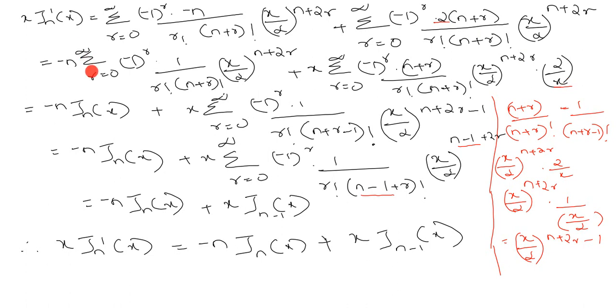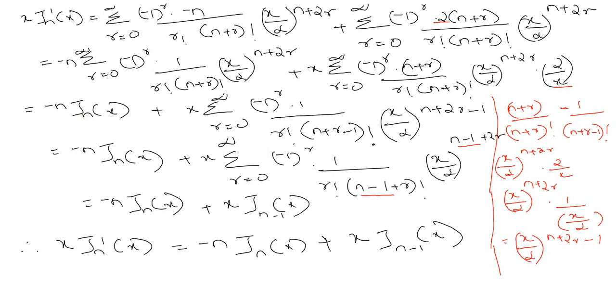Now sigma r = 0 to infinity (-1)^r into 1/(r! (n+r)!) into (x/2)^(n+2r) is Jn of x. So this could be replaced with Jn of x.